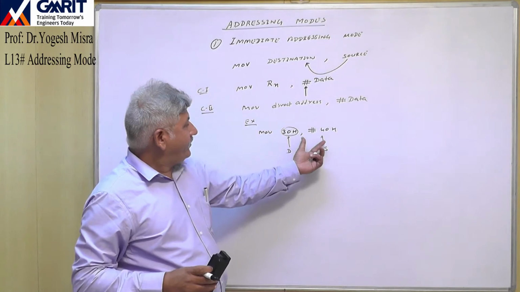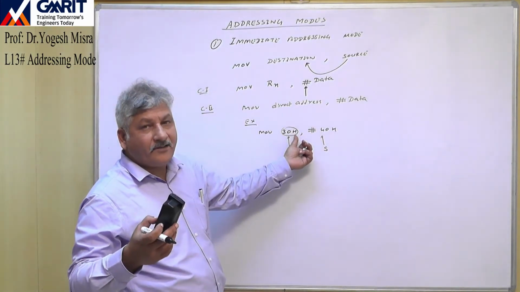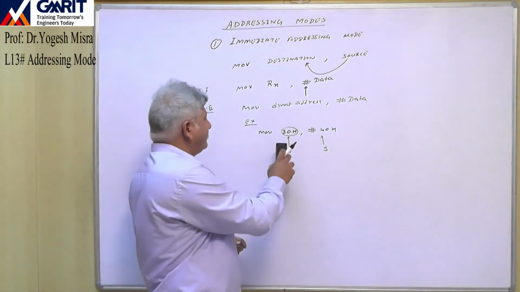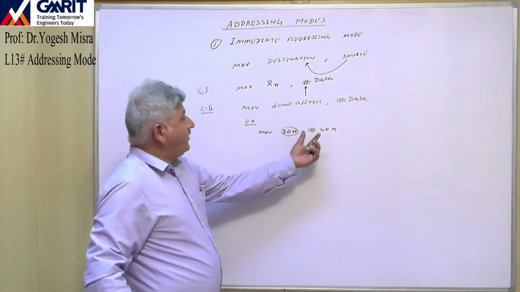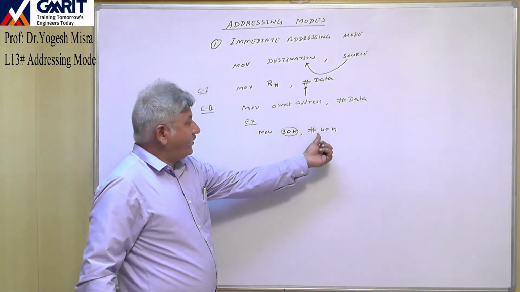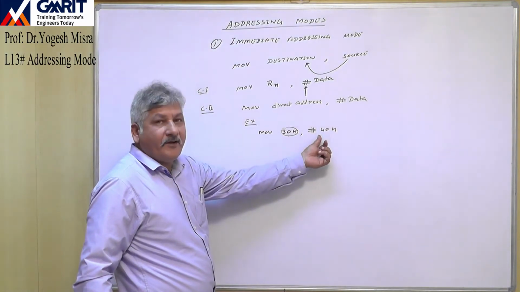In this case 40H will be loaded at the internal RAM location whose address is 30H. Again the source is an immediate value, an immediate number. That's why this is an example of immediate addressing mode.